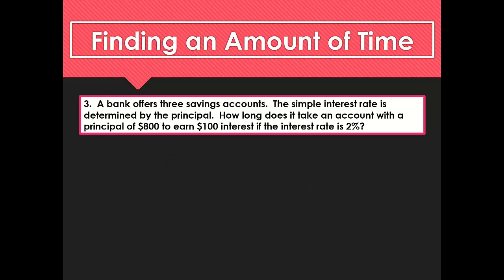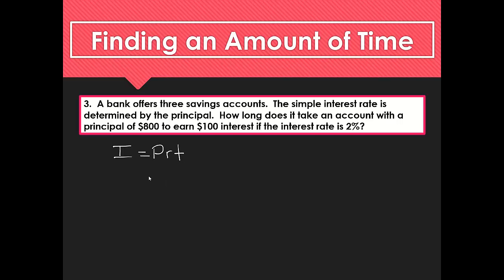Now we're going to find an amount of time. So for number 3, a bank offers 3 savings accounts. The simple interest rate is determined by the principal. How long does it take an account with a principal of $800 to earn $100 interest if the interest rate is 2%? So again, we're going to start with our formula. I equals PRT.